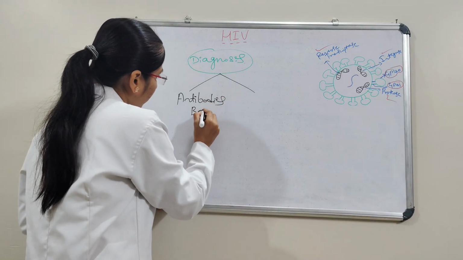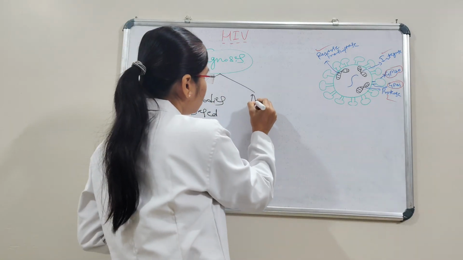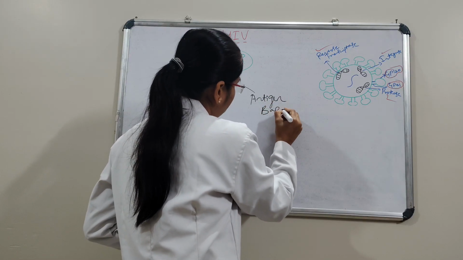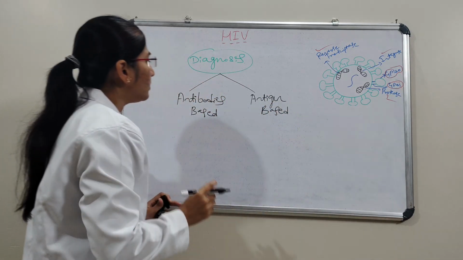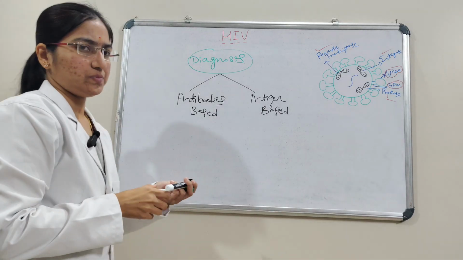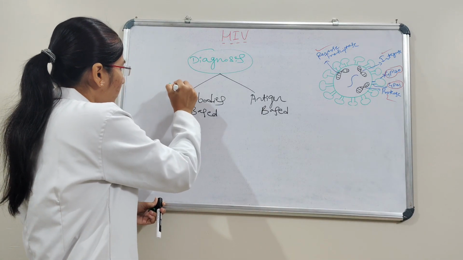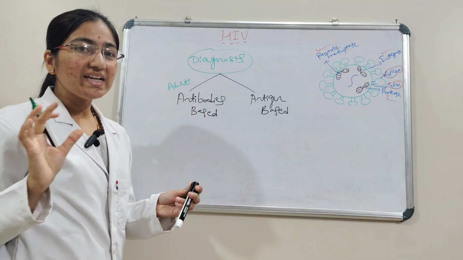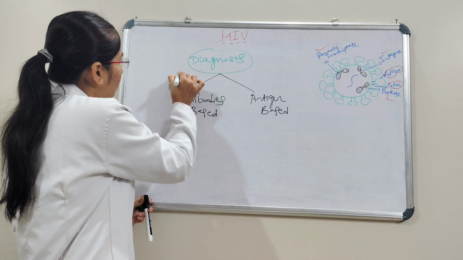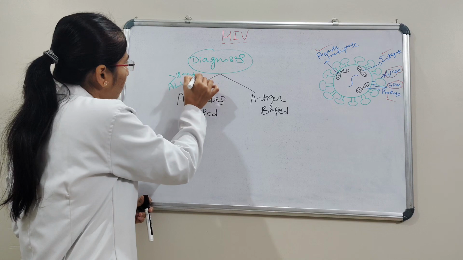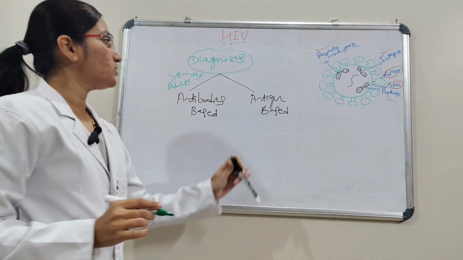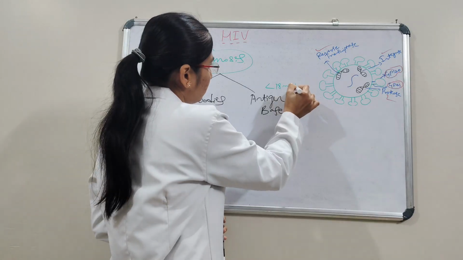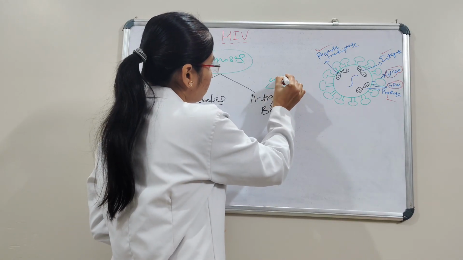Antibody based is for adults, that is more than 18 months. And antigen based is for less than 18 months, for children.